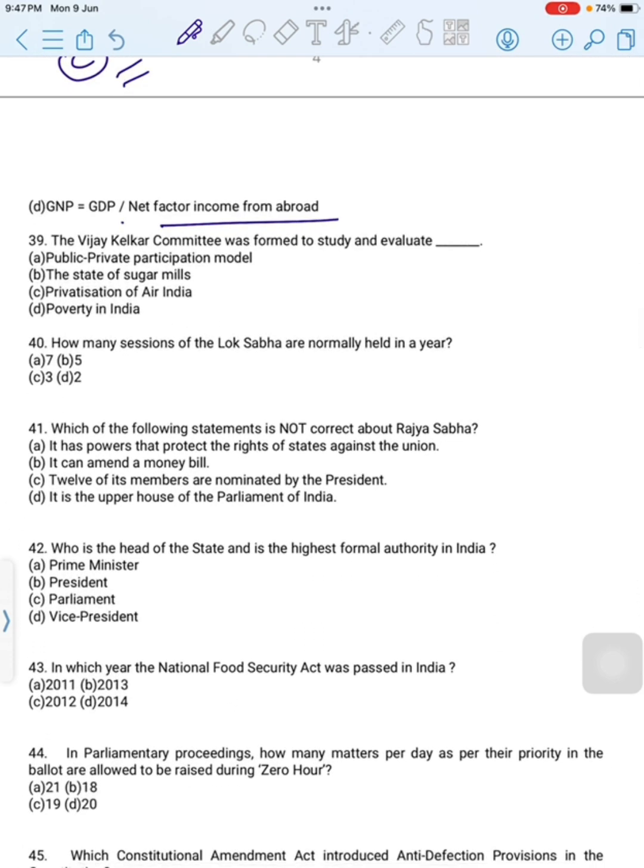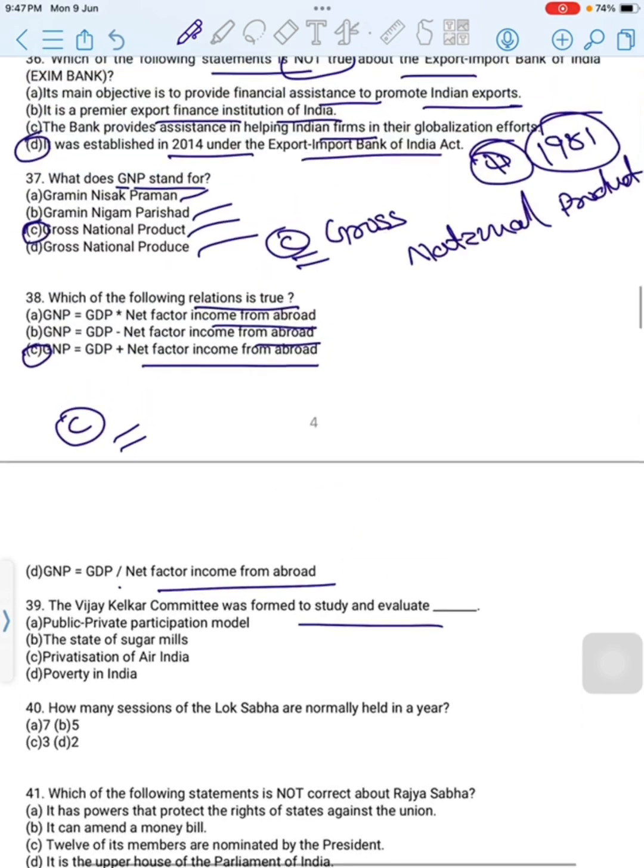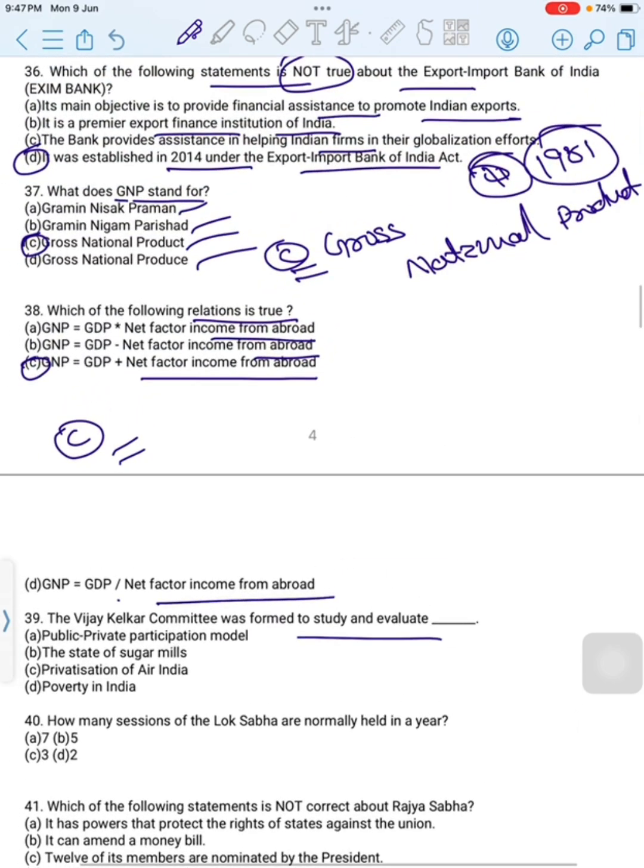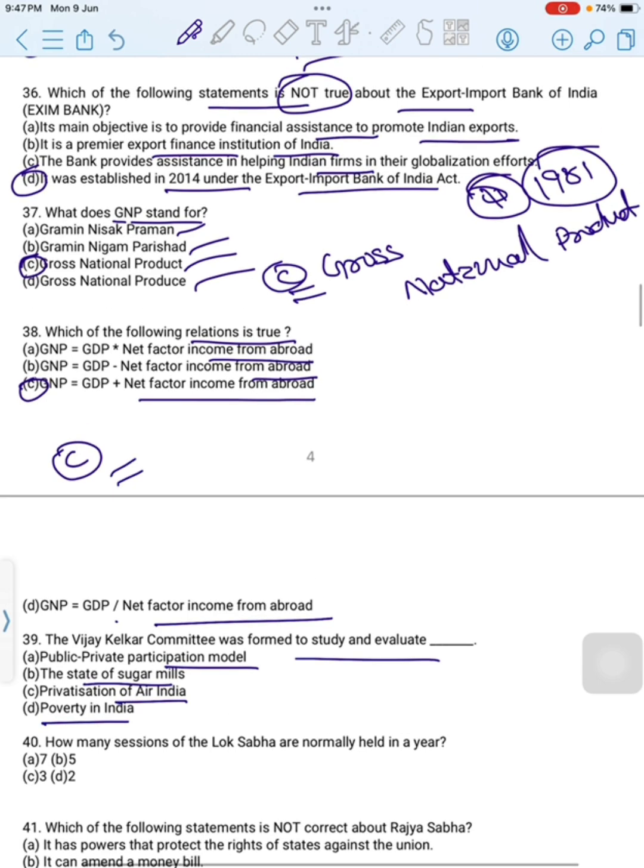The Vijay Kelkar committee was formed to study and evaluate dash. First option is public-private participation model. Second option is the state of sugar mills. Third option is privatization of Air India. Last option is poverty in India.